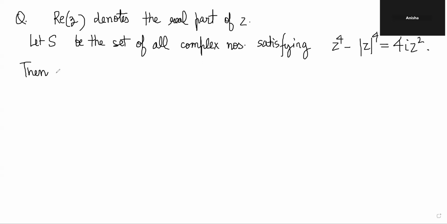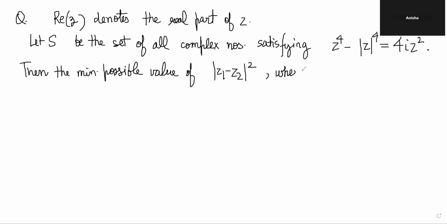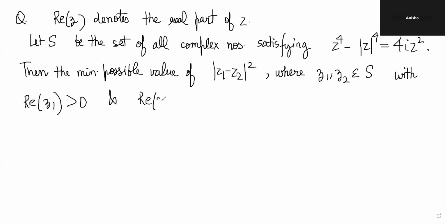Then the minimum possible value of mod of z1 minus z2 square, where z1, z2 belong to S with real part of z1 greater than 0 and real part of z2 less than 0, is what?